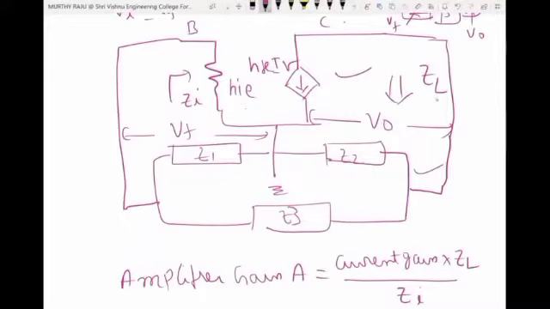Now I will concentrate on how to find this ZL. For the ZL calculation, first HIE is parallel with Z1. HIE parallel with Z1 is connected in series with Z3. The total combination is connected in parallel with Z2, which is ZL.